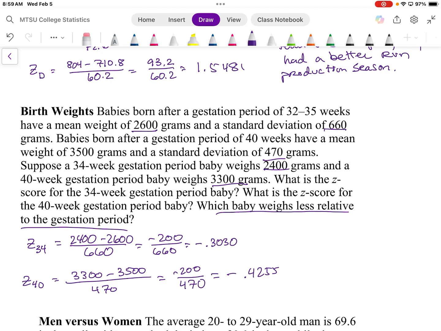So now our interpretation of the question, we got the Z-score for both. Now we have to say which baby weighs less relative to the gestation period. So in this case, I would say the interpretation is who's got a smaller Z-score.